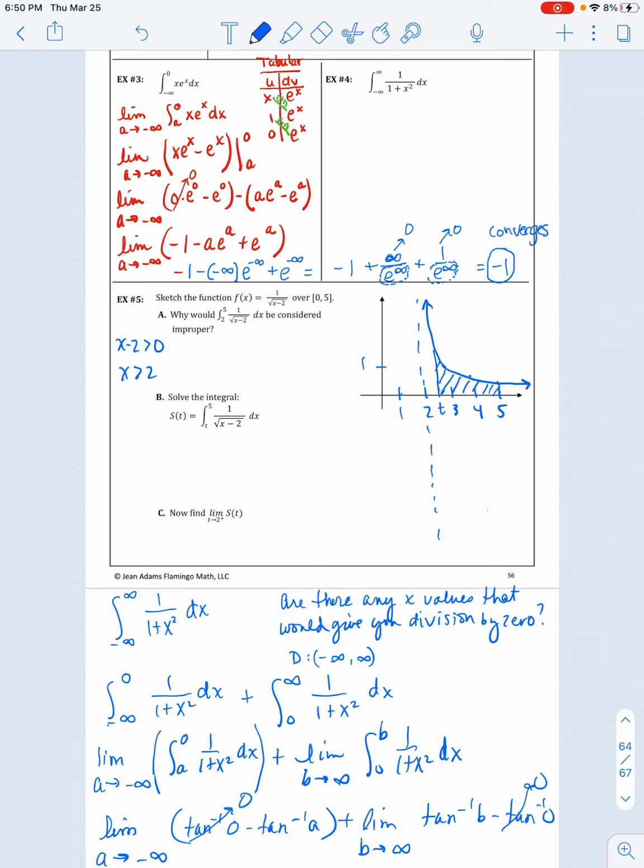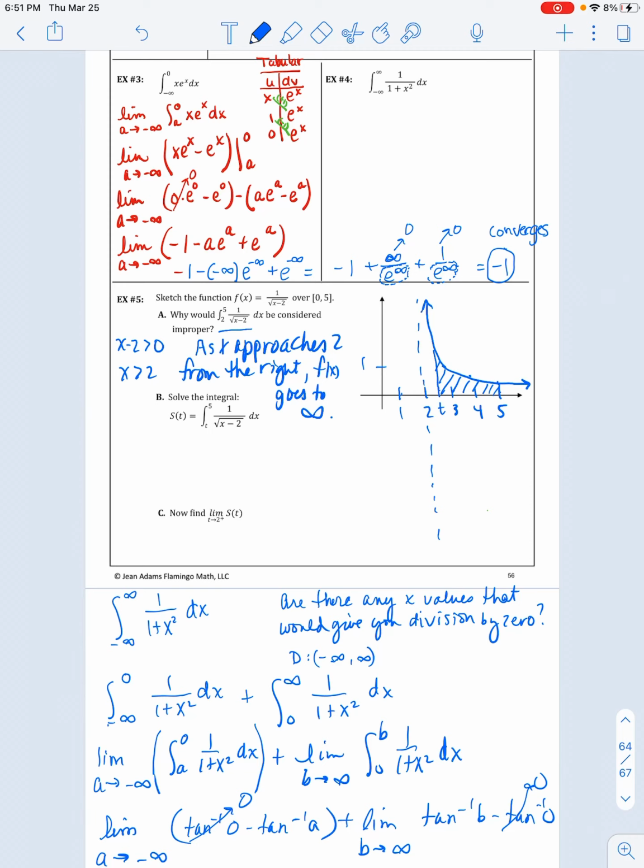So when I solve this, and actually, I'm sorry, I forgot part A. Why would this be considered improper? Well, because as x approaches 2 from the right, f of x goes to infinity.